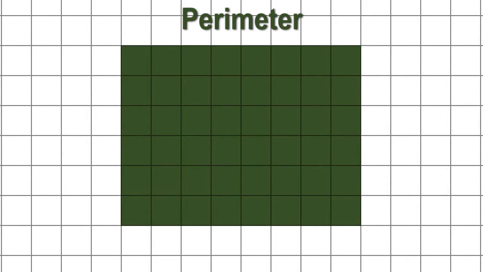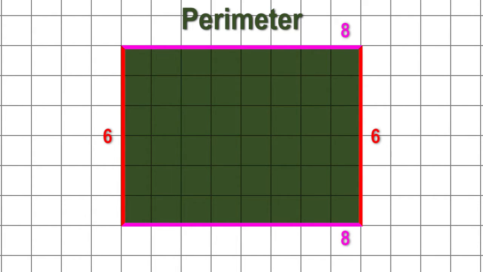Another strategy is to recognize that the opposite sides of this rectangle are equal. So once we determine that one side is 6 units, we know the opposite side is also 6 units. Since this side is 8 units, the opposite side is also 8 units. 6 plus 6 plus 8 plus 8 equals 28. We recognize that we use the length 2 times and the width 2 times.